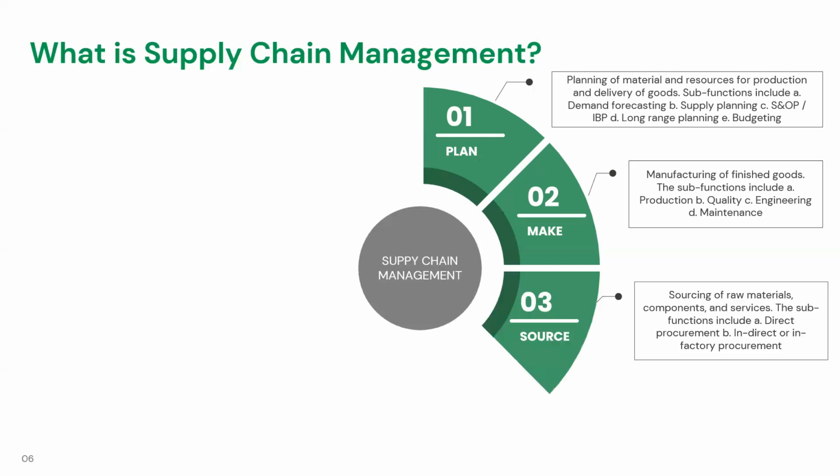The third one is source. This function deals with the procurement of raw material. Raw material could be direct material or indirect material. The direct material is the raw material that directly goes into the product. For example, if you are making an automobile, all the components of the engine or the tire are direct material.